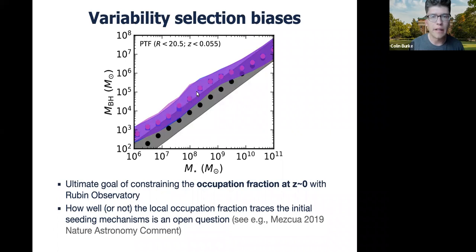And in the magenta and blue is the recovered variable population. And there's a selection bias here. So this makes it even more difficult. At lower stellar masses, you're actually probing higher black hole masses than you would expect based on this relation, just because those tend to have less dilution from the host galaxy luminosity. And so there's a bias in the recovered relation here.